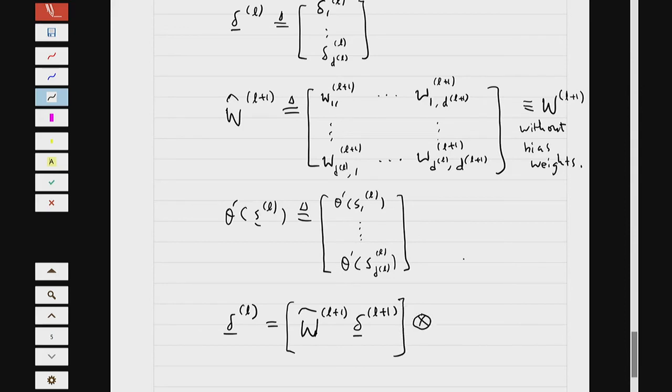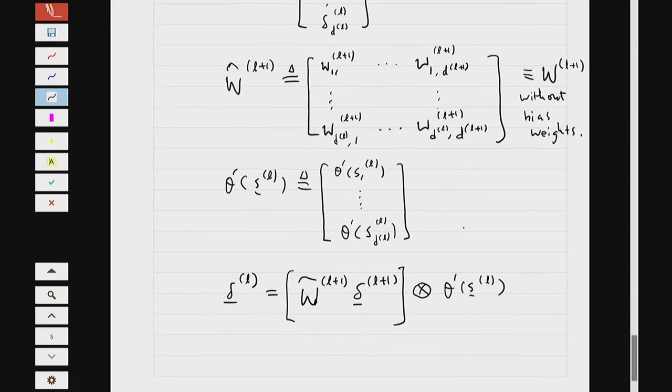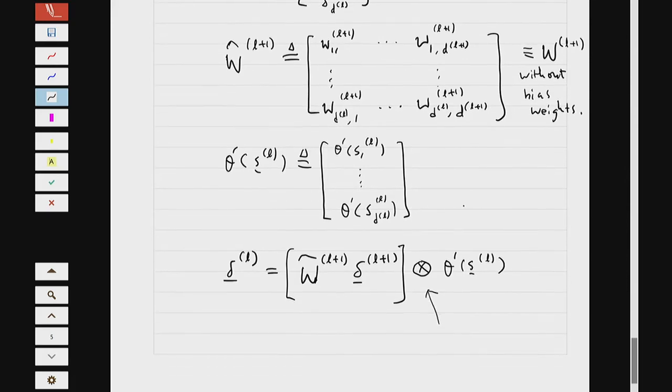This symbol represents pointwise multiplication with theta prime of S of L, because both of them are vectors. We have a vector multiplying a vector, so this just indicates pointwise multiplication. And this is our final form for backpropagation.